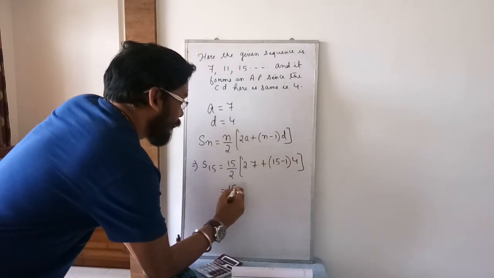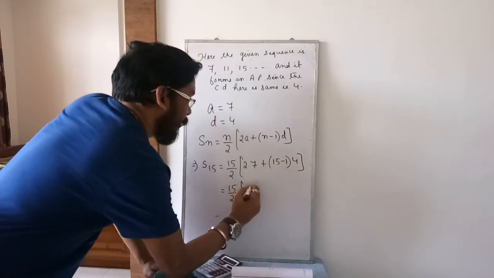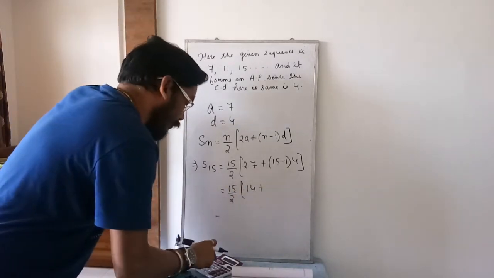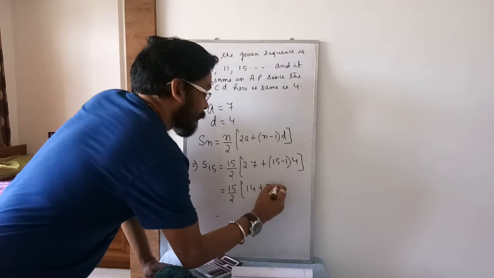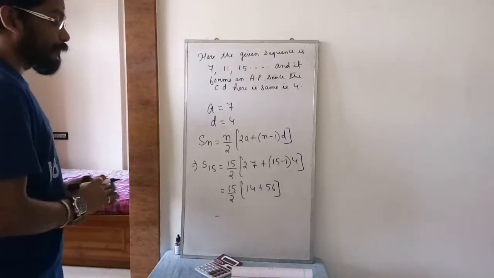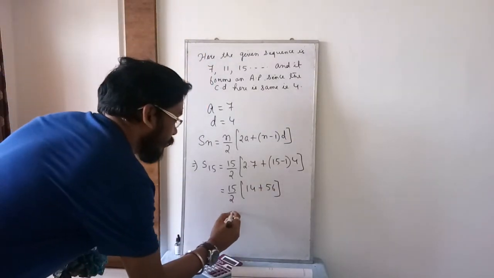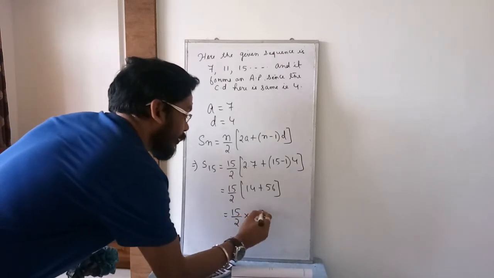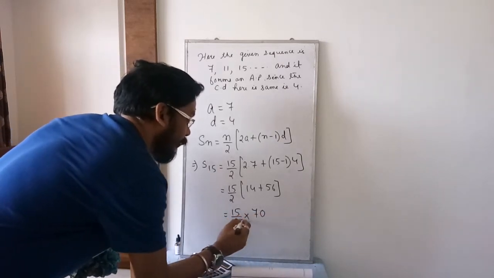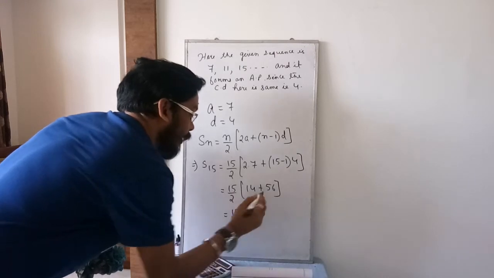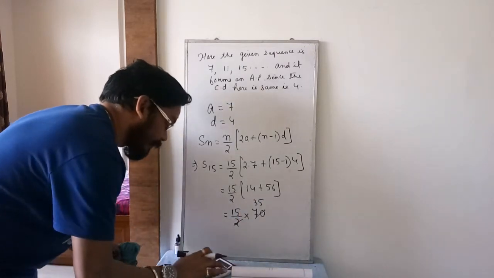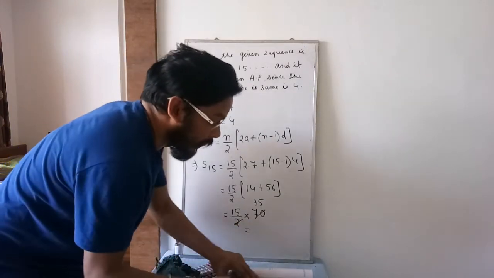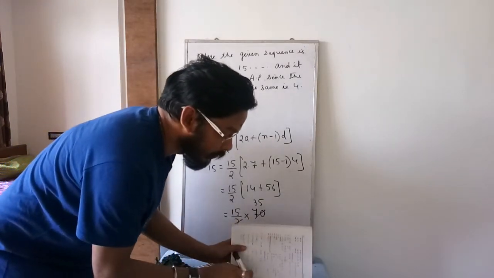So here it is 15 by 2, 2 7s are 14, 15 minus 1 it is 14, 14 into 4, that means 56. So here what you got, 15 by 2 into 70, if you cancel it, it is 35, and 15 into 35 is your 525.